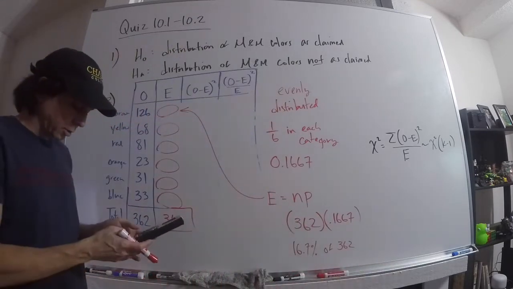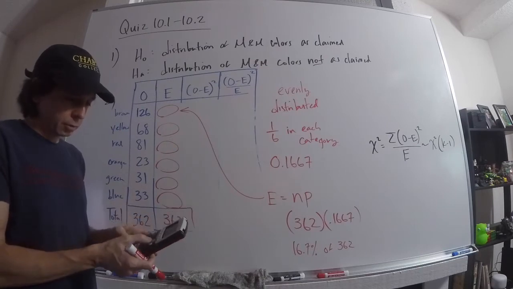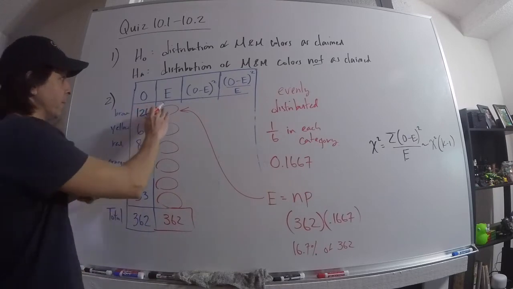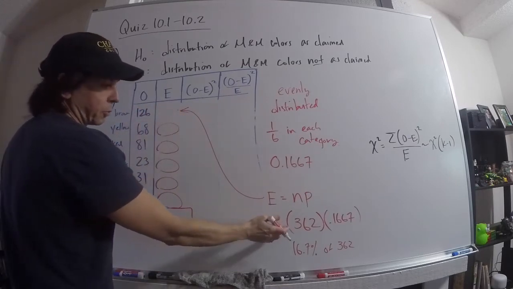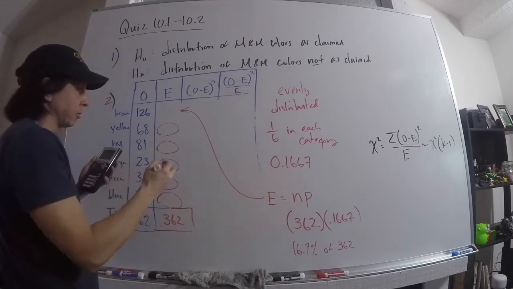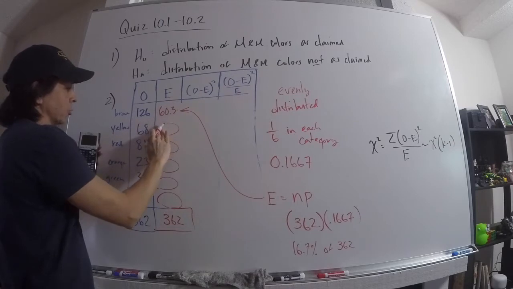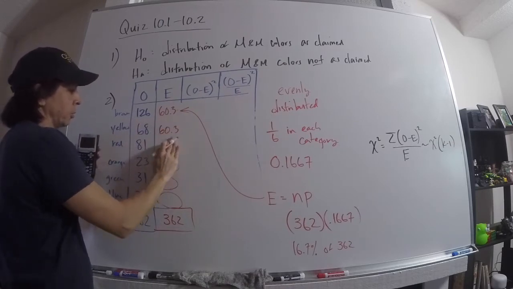Let me do that. Mind you, this is not our actual problem. I'm aware of that. But I'm going to make sure you're prepared for the final. Okay, so 16.67% of 362, which is 1/6 of it, is 60.3. This one would be 60.3 as well. 60.3 all the way down.